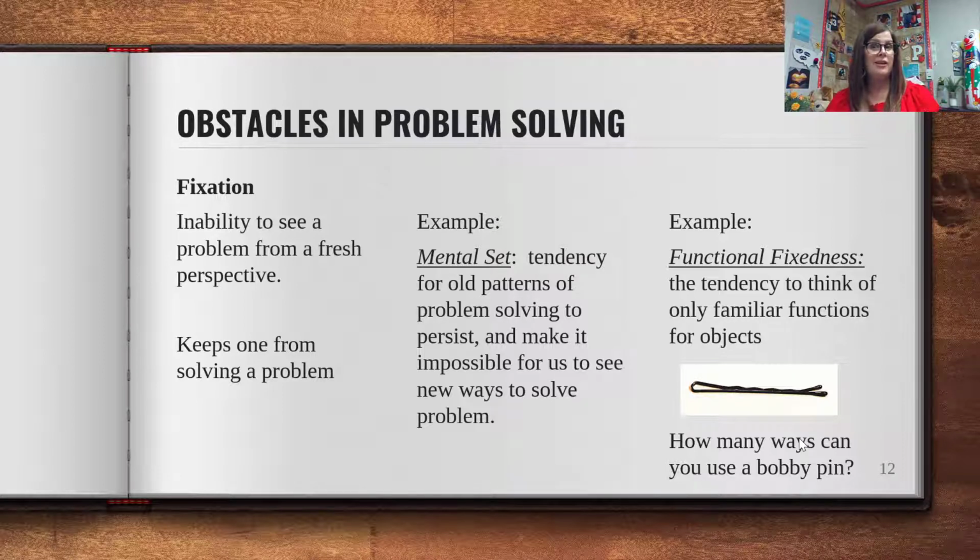But there are so many other ways that you can use a bobby pin, right? So functional fixedness says there's only one way to use a familiar object. But we know that that can be an obstacle in coming up with a solution for a problem.